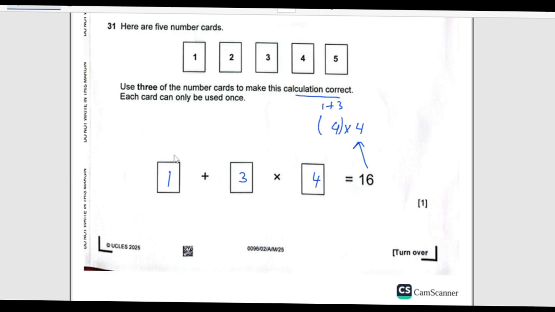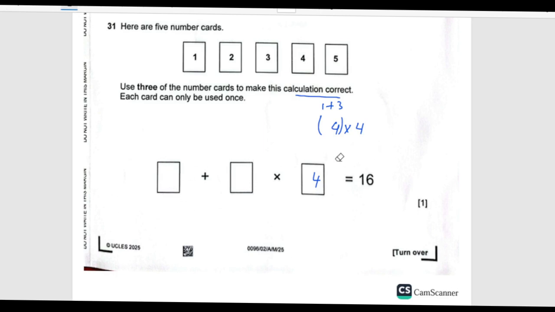I think we cannot do that because we need to be looking for BODMAS. If I do here 4 times 3, 12 plus 1, it makes it 13. So, this is not going to work.